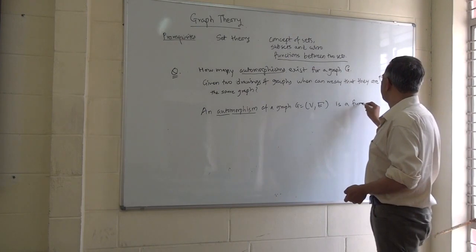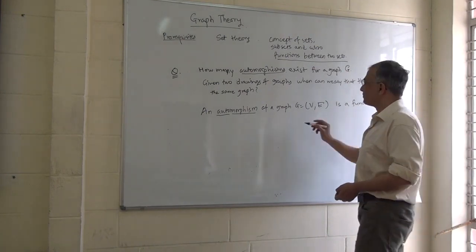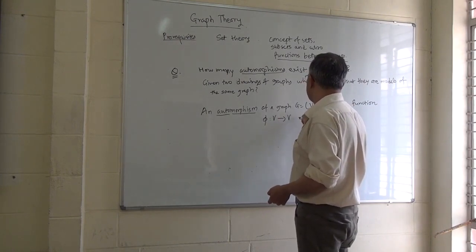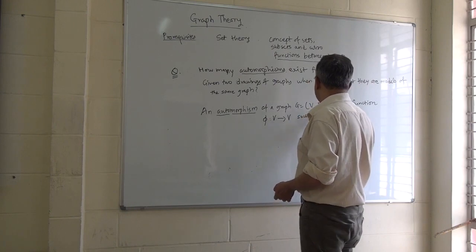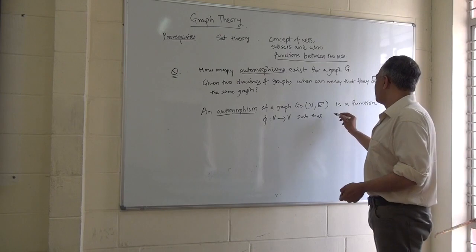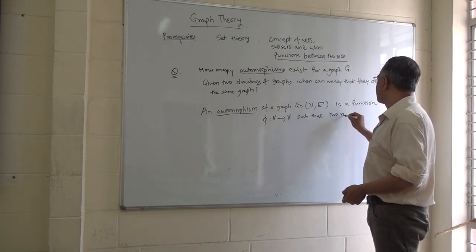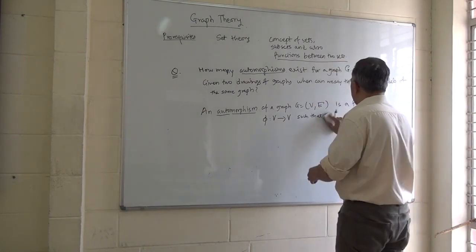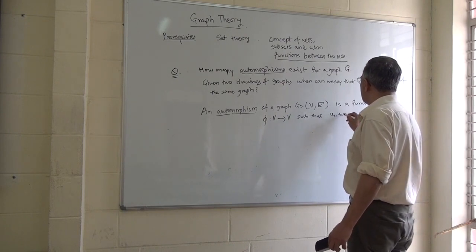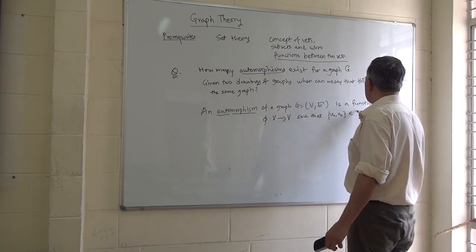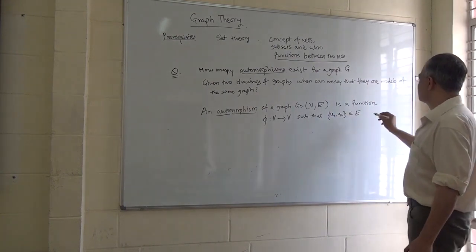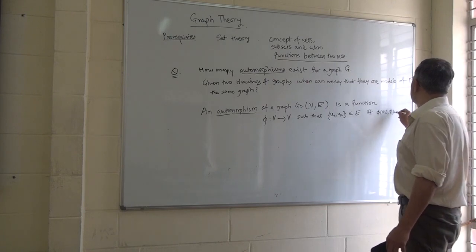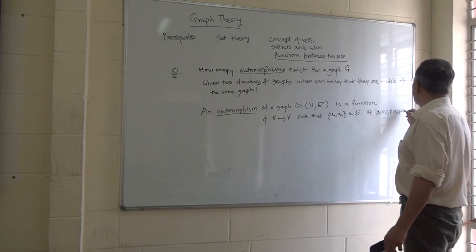So it is a function, let's call it some Greek letter, phi from V to V, such that two vertices are adjacent, so that (V1, V2) belongs to E if and only if (phi V1, phi V2) also belongs to E.